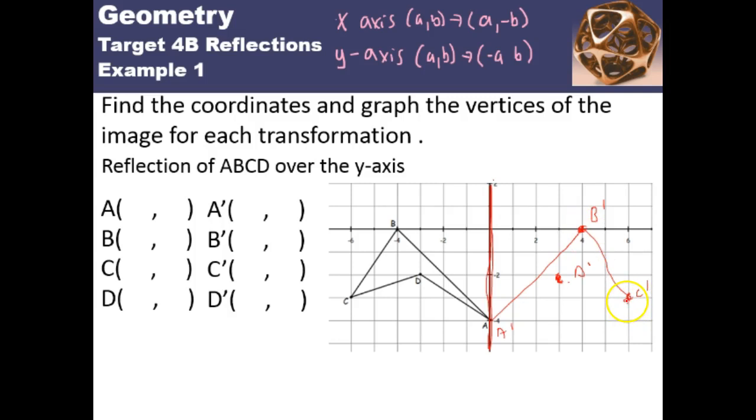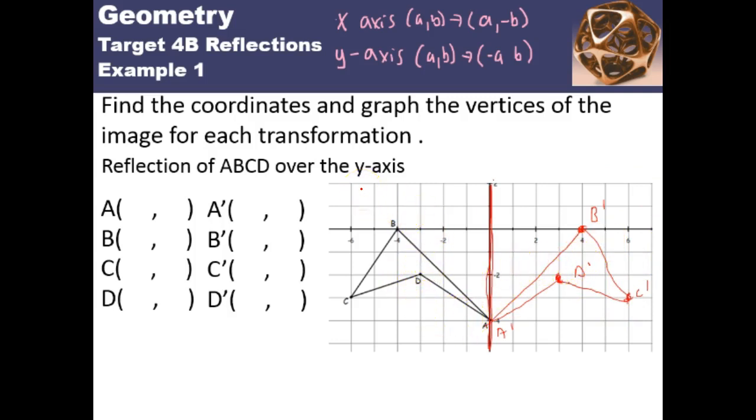And then C prime to D prime, and then back to A prime. So that should be the picture. My picture's not looking quite as good, but it looks like it should be right. Yeah, it looks right. It just looks messy because the line's not that good.